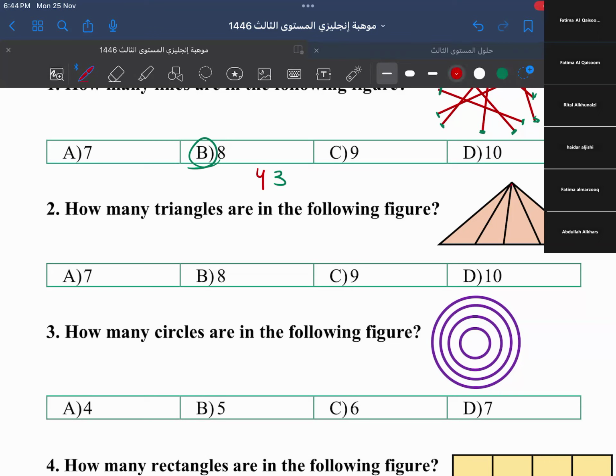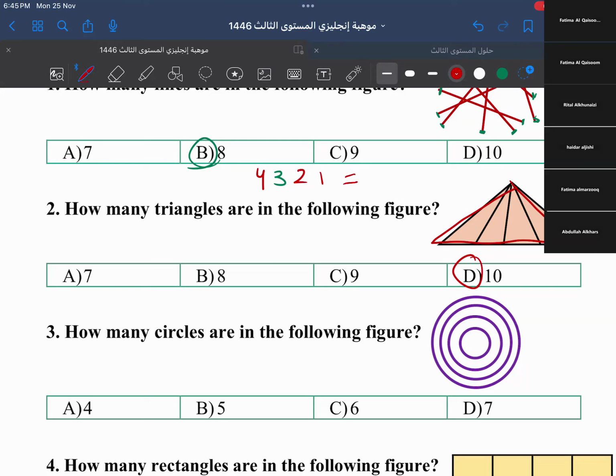There is this one, and there is this one. So it is 2. Are you following? And lastly, the biggest triangle, formed by 4 triangles, and we only have 1. When I add them together, I see that it is 10.